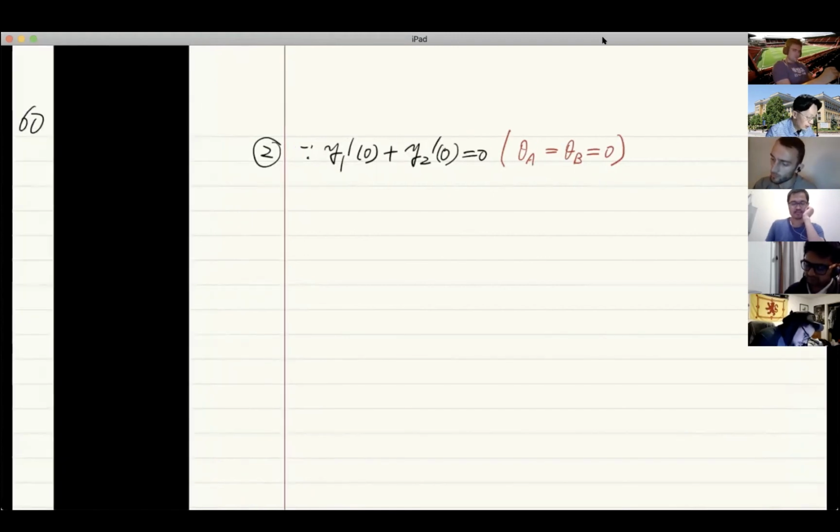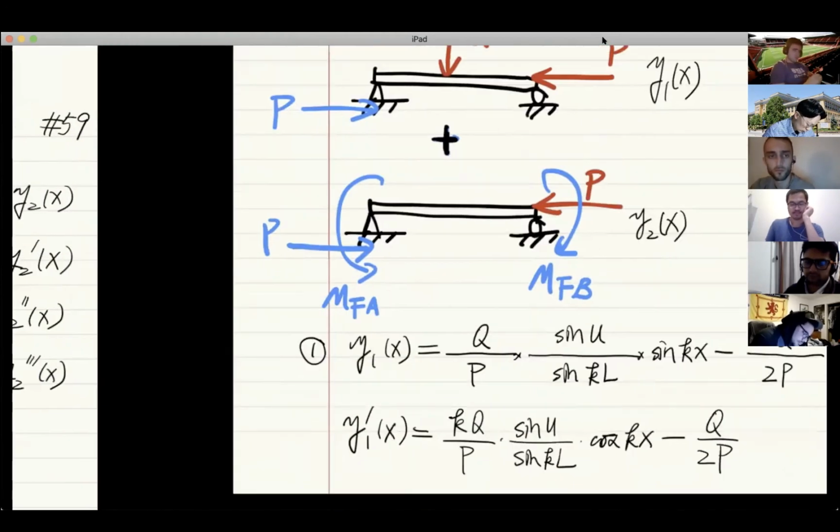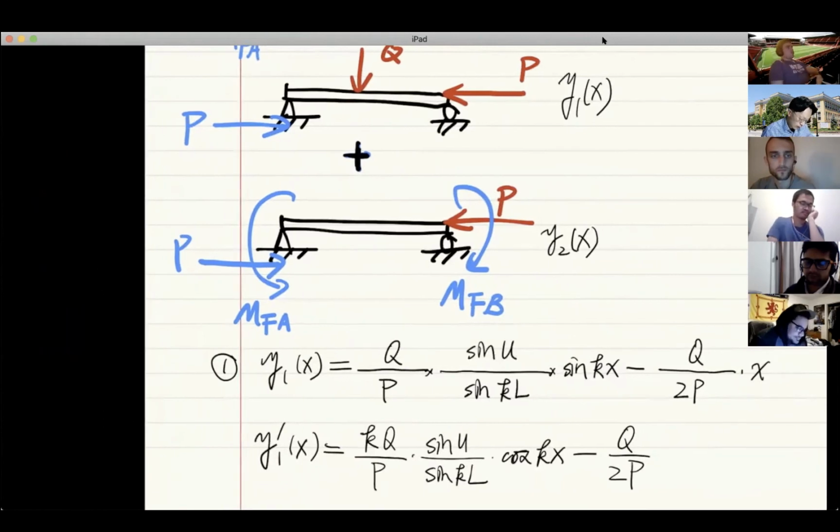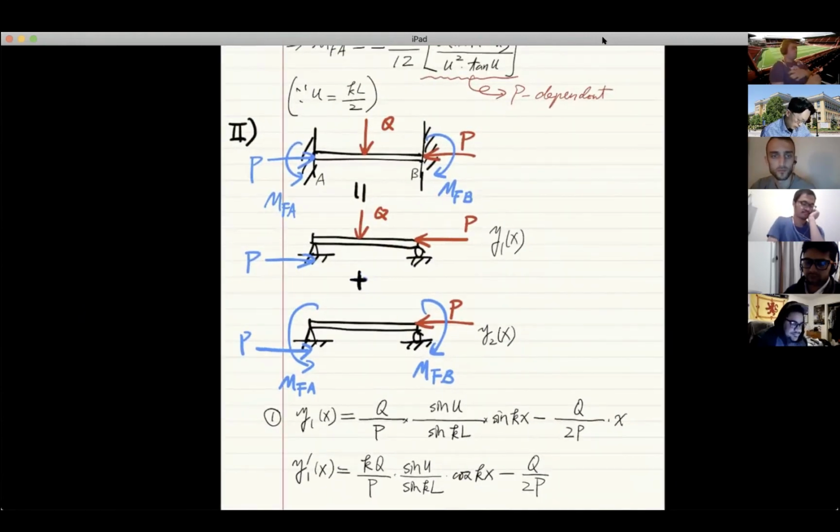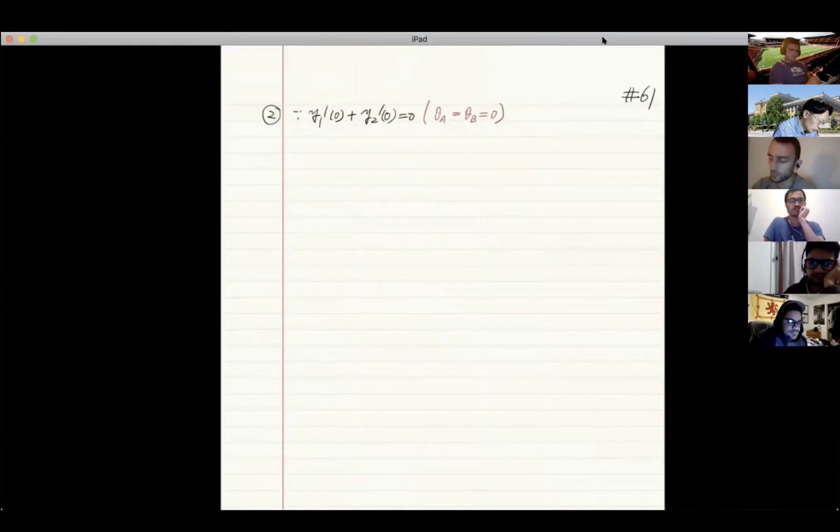And then we have this. We just plug in the expression that we had before, which is this one here. Now if you look at this, when you have x to be 0, cosine kx becomes 1, right? So that becomes just kq sine u over p sine kl.